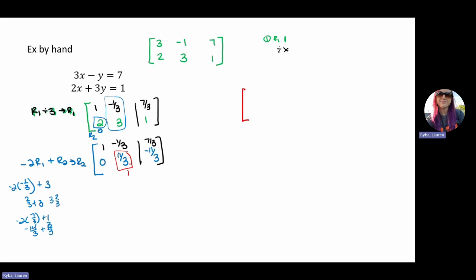Divide by 11 thirds, but instead of dividing by a fraction, we usually multiply by the reciprocal. Reverse reciprocal. I knew what you were going for. Okay, so instead of saying row 2 divided by 11 thirds, we're going to say row 2 times the reciprocal 3/11.